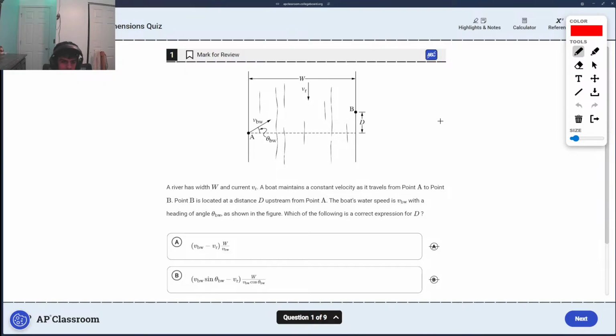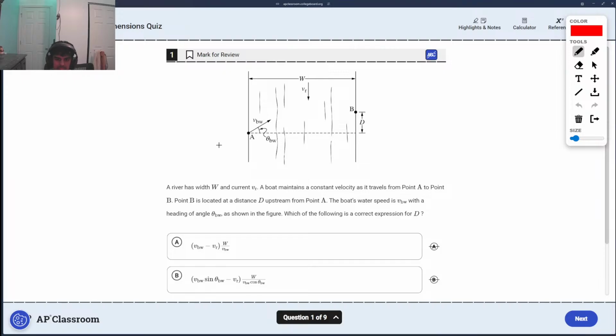So a river has a width W, okay, and a current VR. A boat maintains a constant velocity as it travels from point A to point B, at a distance D upstream. The water speed is VBW with a heading of theta. What is the expression for D? Okay, so how do you find the y component of this?